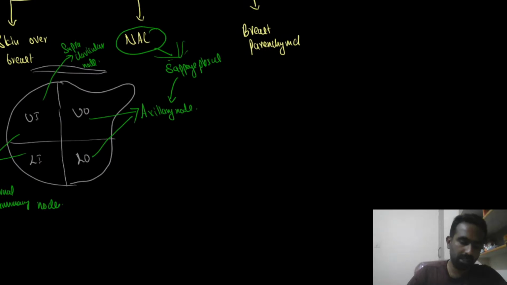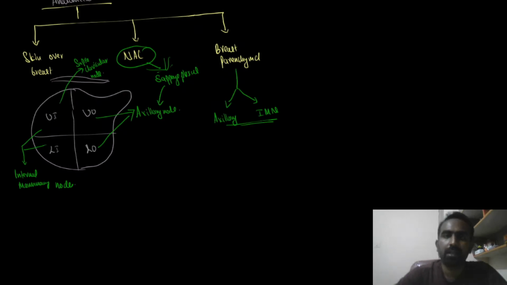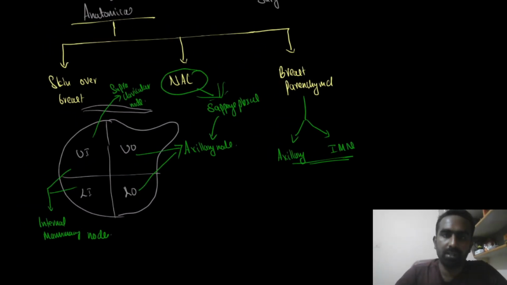The breast parenchyma drains into corresponding segments of the skin, which drain into axillary nodes and internal mammary nodes. So this is the anatomical lymphatic drainage of the breast.